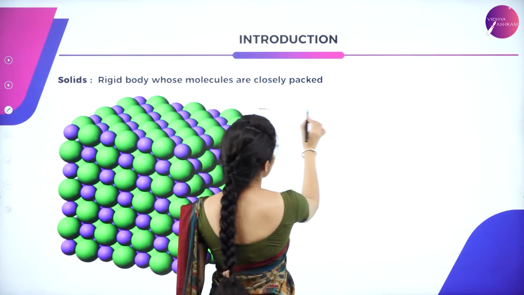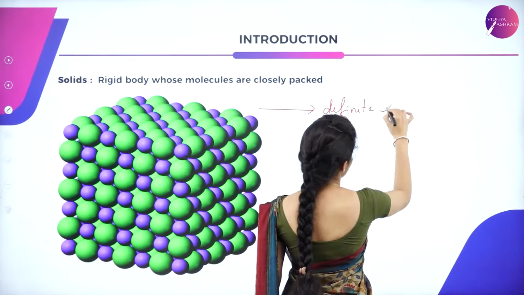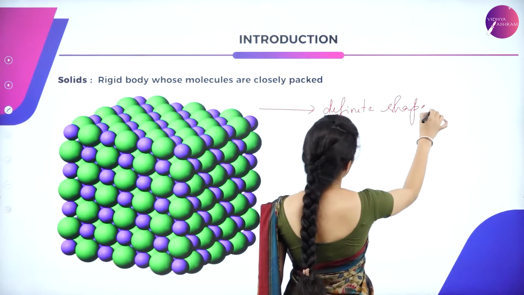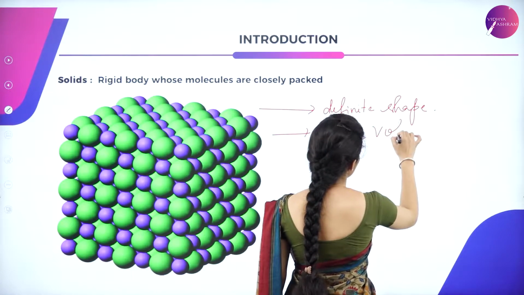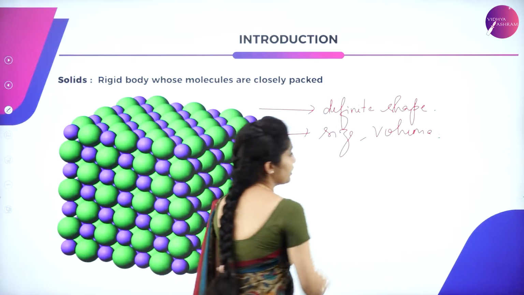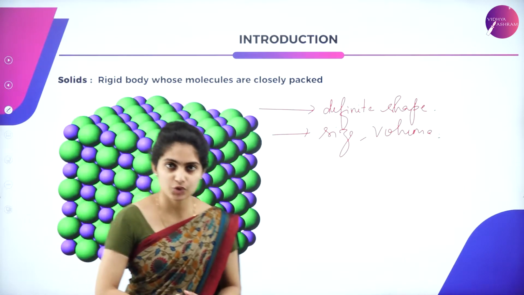Solids are the one which is having definite shape as well as definite size and volume because of its closely packed molecular structure.